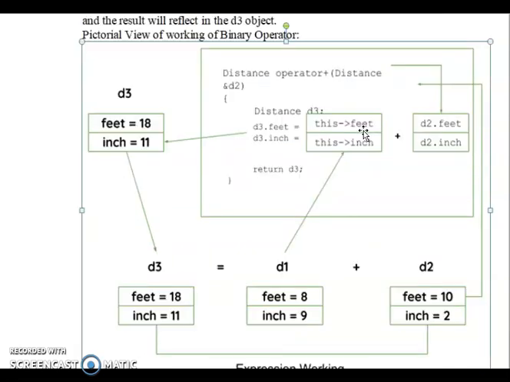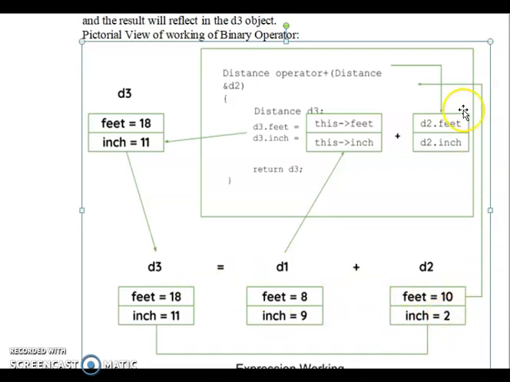Here is the line of code, Distance operator plus, Distance address of d2. So for d3, this feet equal to this inches equal to d3 feet. So first this is d3. d3 means this output, 18. 18 comes from d1 plus d2, 8 plus 10 is 18, 9 plus 2 is 11.